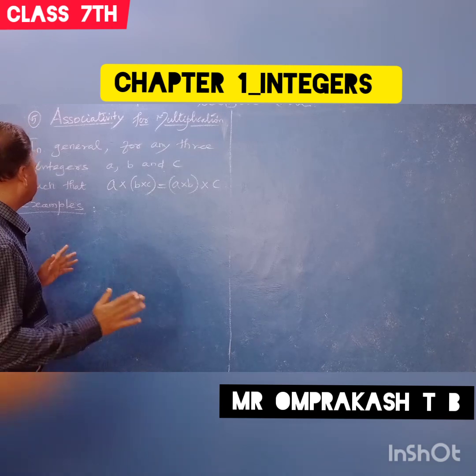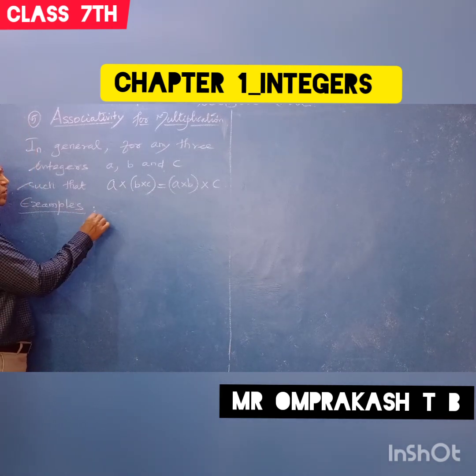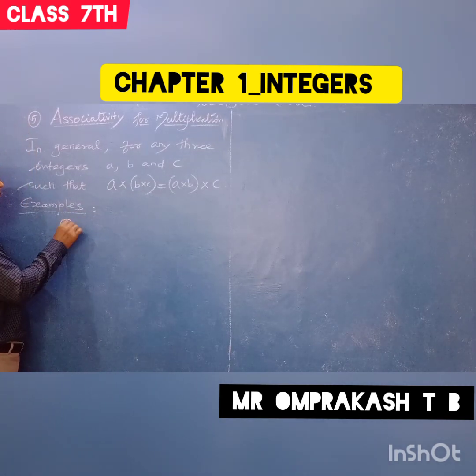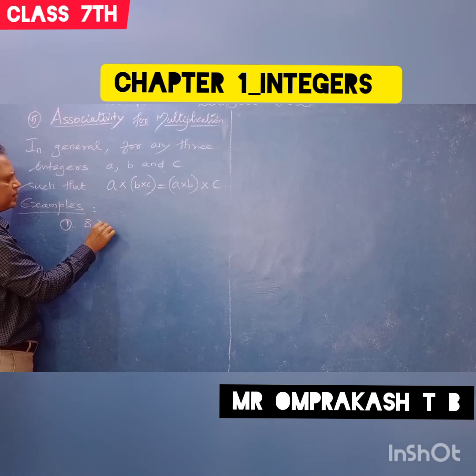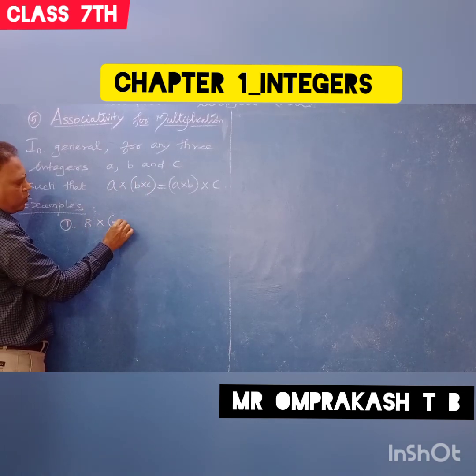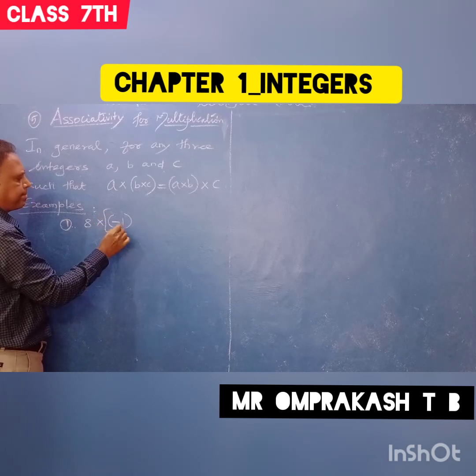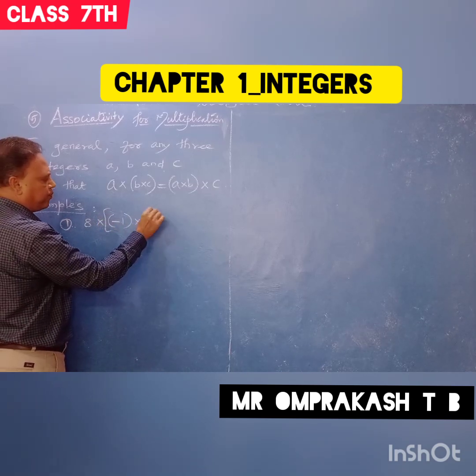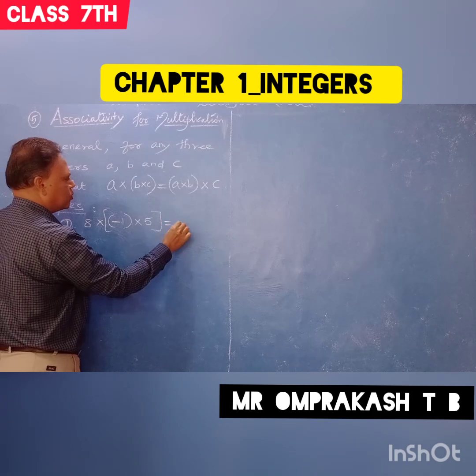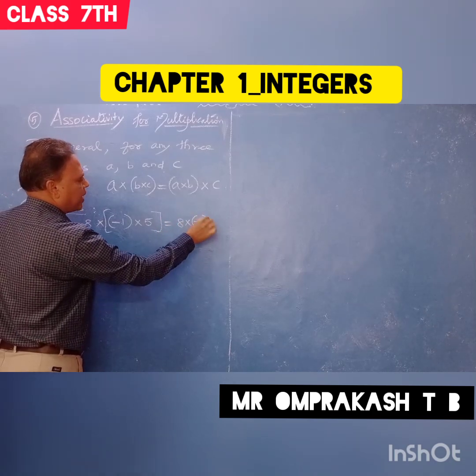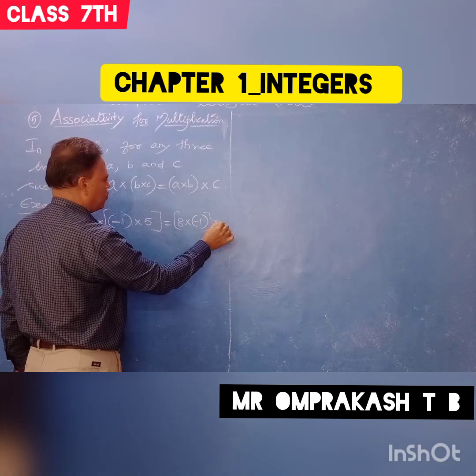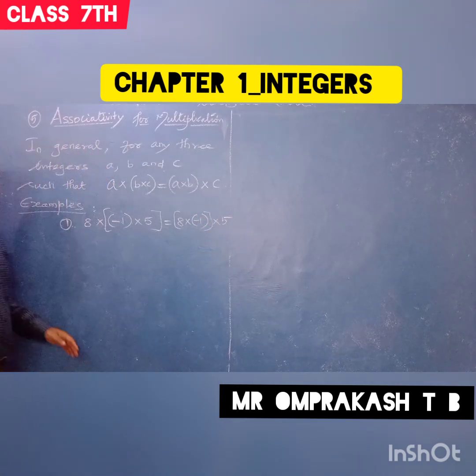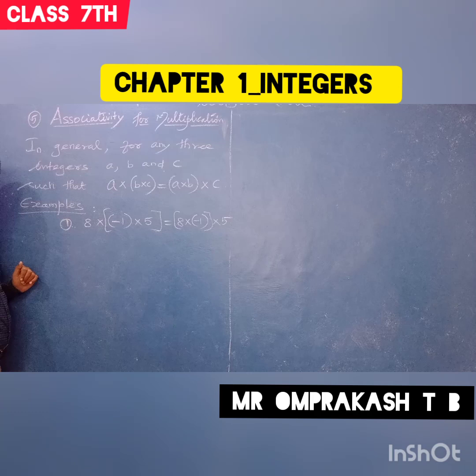Okay. Now we will see one example. 8 into (minus 1 into 5) is equal to (8 into minus 1) into 5. We will verify whether this is satisfied or not.